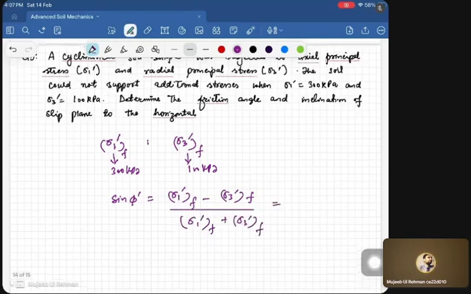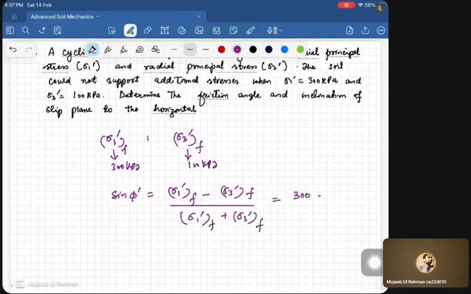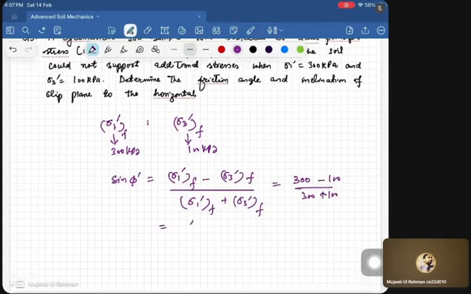So can you put the values in the equation? 300 minus 100 divided by 300 plus 100, which is equivalent to 1 by 2. So sine of phi dash is equivalent to 1 by 2, so phi dash is equal to sine inverse of 1 by 2, which is 30 degrees.